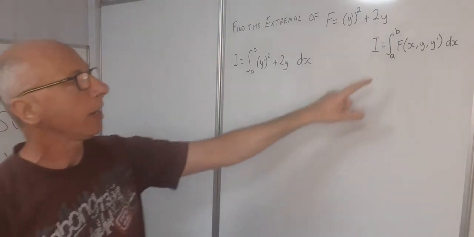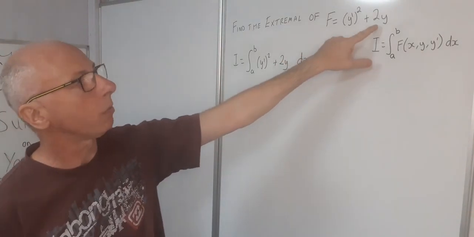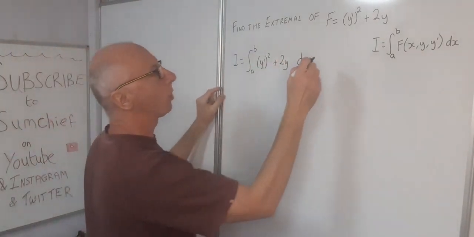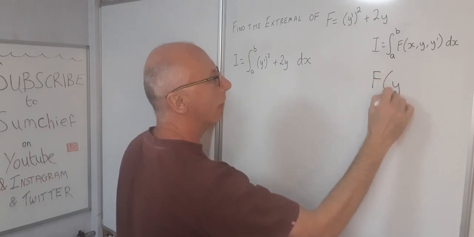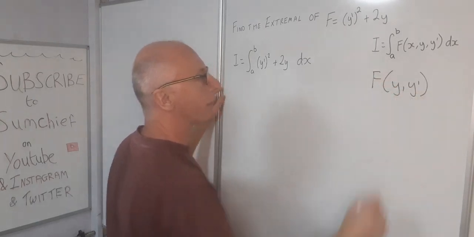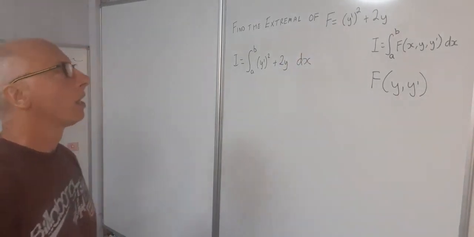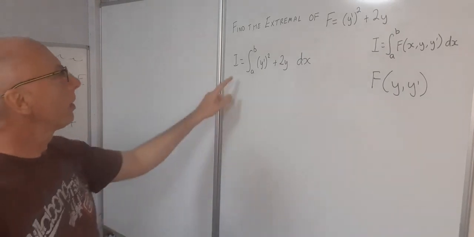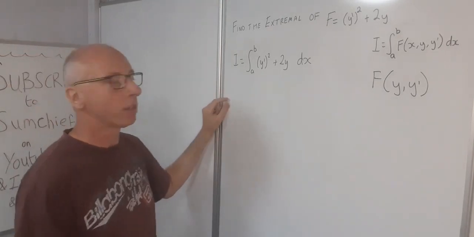Okay, now here we've got f of x, y and y prime, but you'll notice we've only got a y and a y prime. So basically we're in the form of f of y and y prime. There is a way we can do the integration using Euler's first integral.